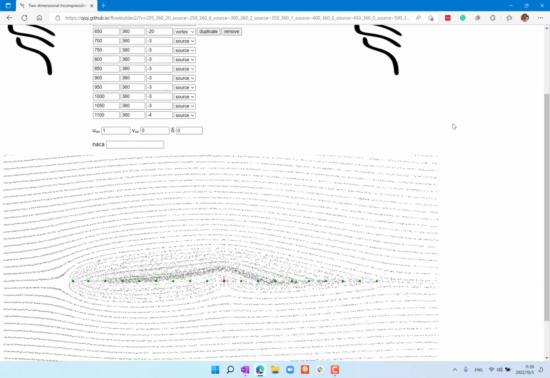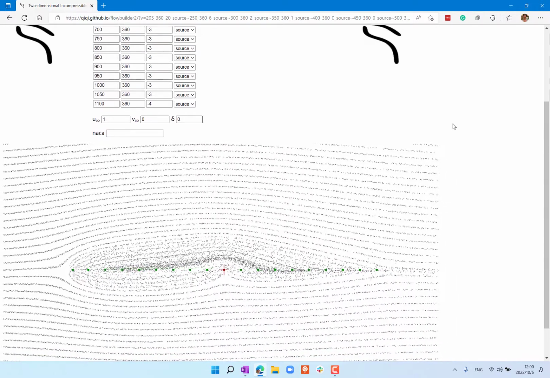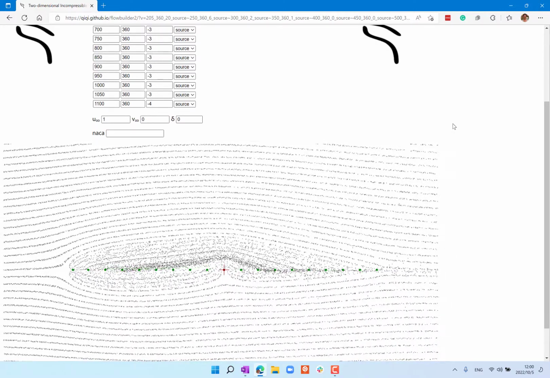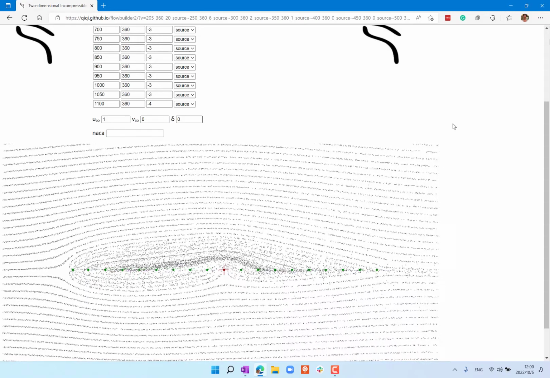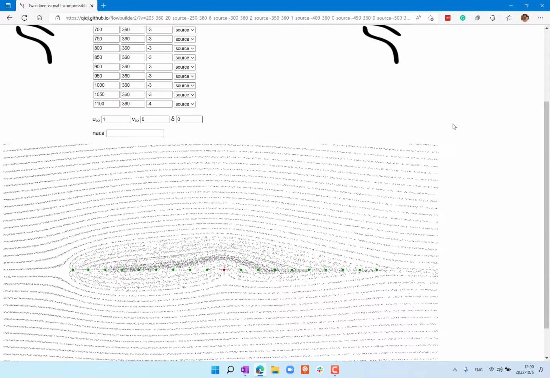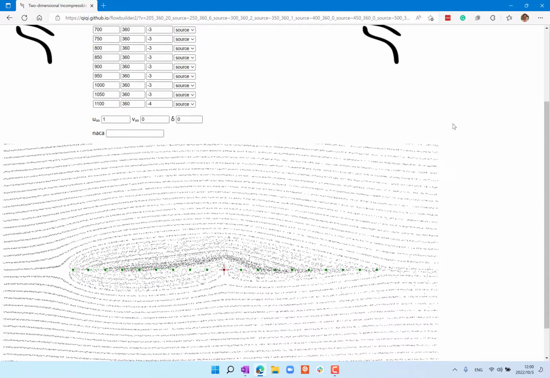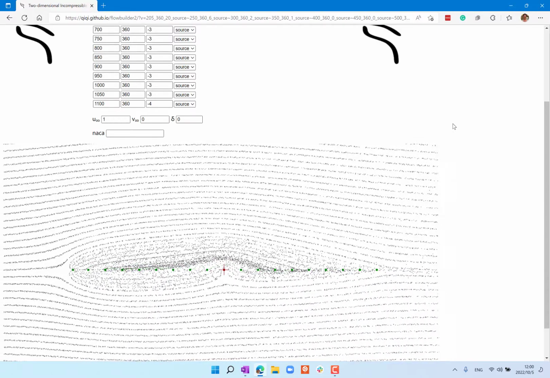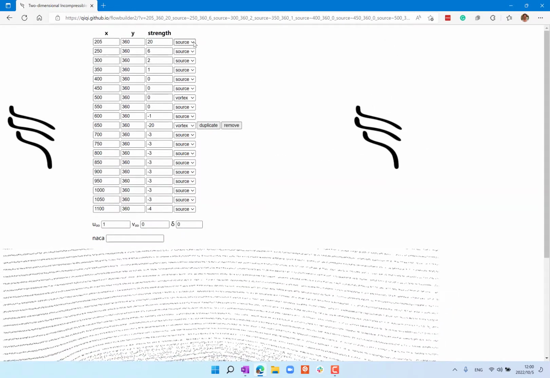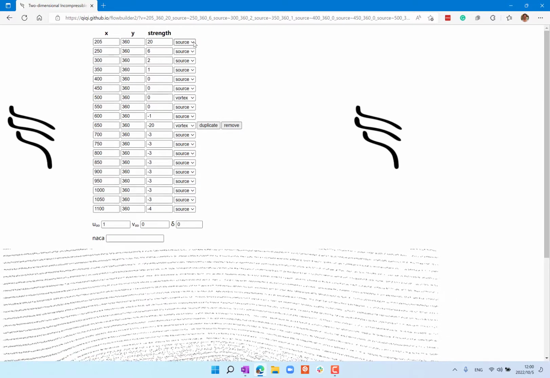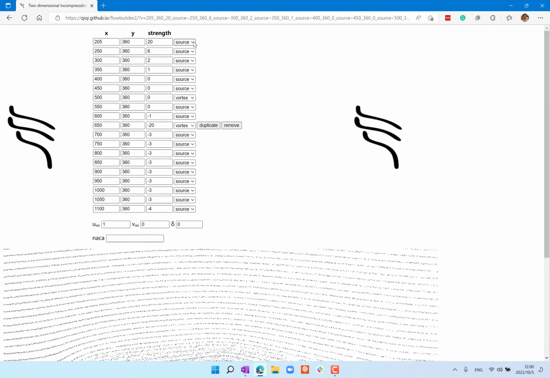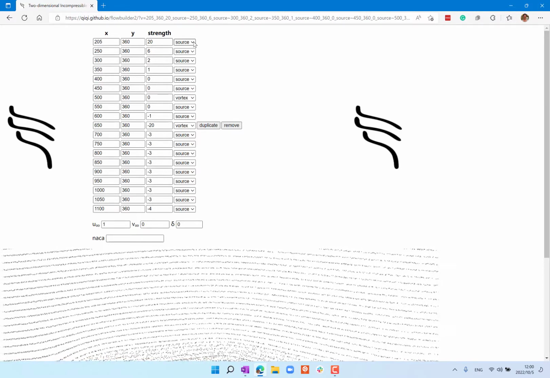Okay, even though it's not obvious, we still want to figure out a way to reason about it. We are going to be doing two separate exercises. For the first exercise, let's change all the sources to vortices and see if we can start to simulate the flow over an airfoil with no thickness.